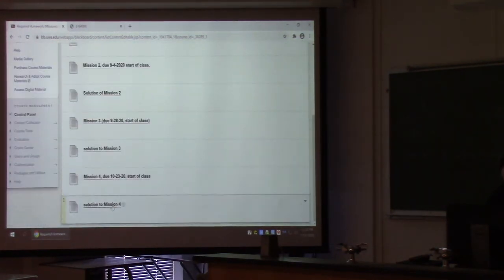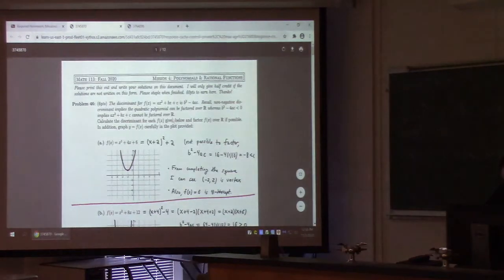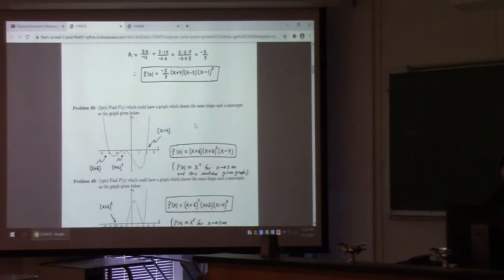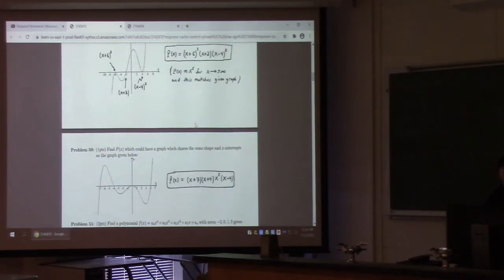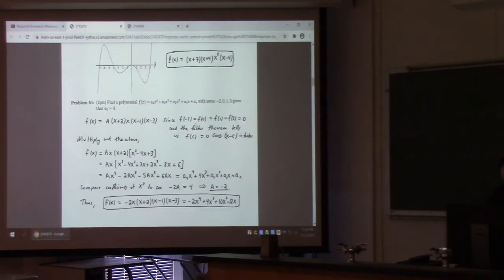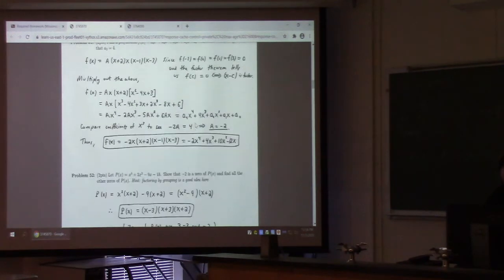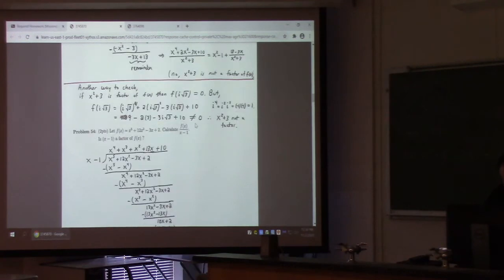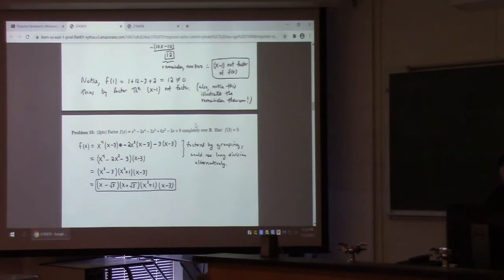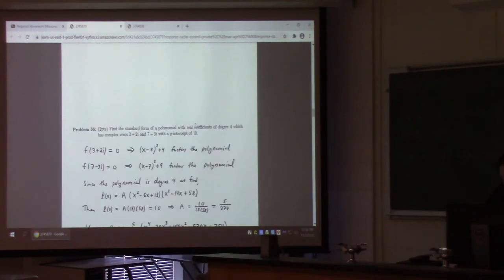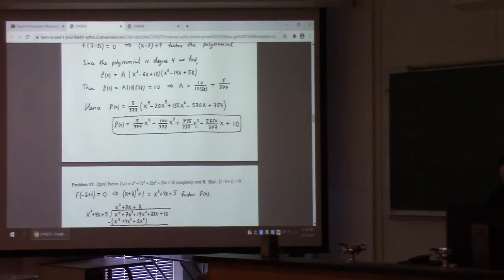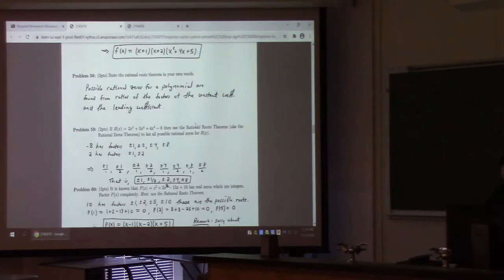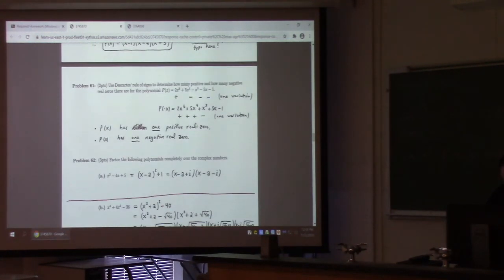Let's see here. So mission 4, right? These problems are very much like the quiz. In fact, these are harder versions of what was on the quiz, aren't they?